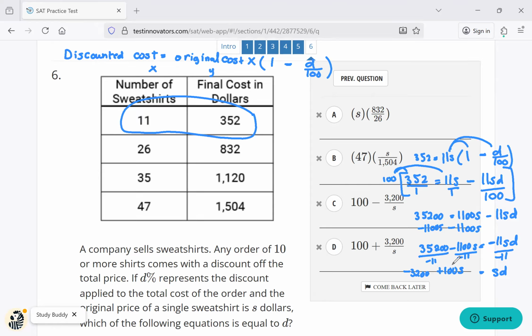And then the last step is to get rid of this S by dividing everything by S. So my D is going to be negative 3,200 over S plus 100. That is letter C. Letter C.